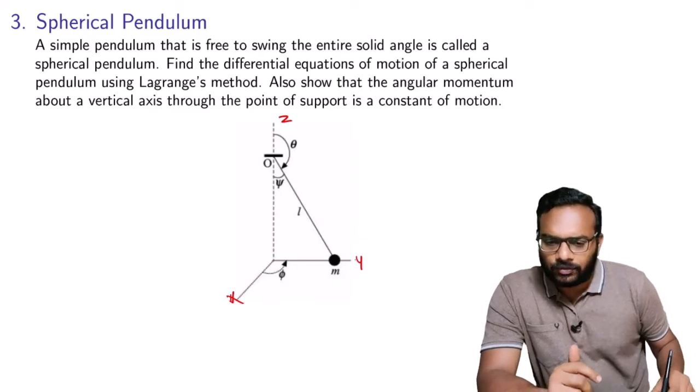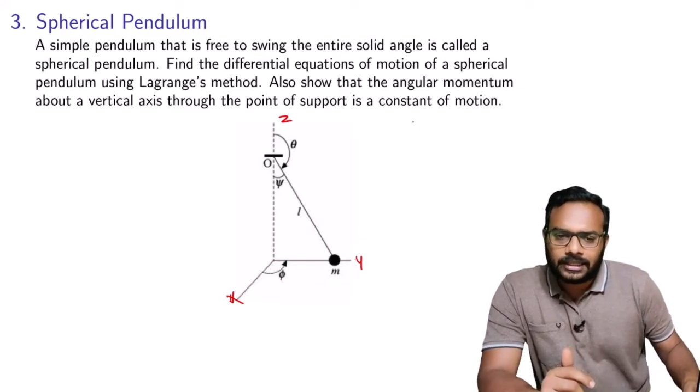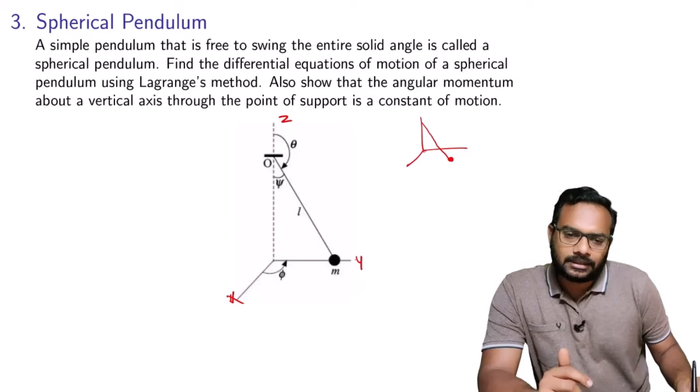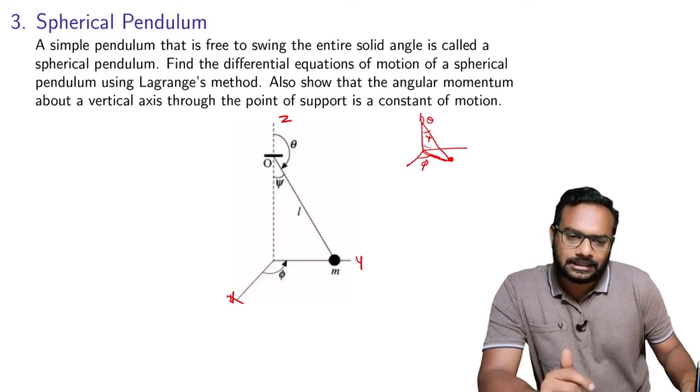We saw that for phi, I'll draw it in a slightly different manner here. We have this thing in the xy plane like this. This angle is phi, this line here is psi, and this angle is theta. The length of this line is L sine psi, because this is 90 degrees.